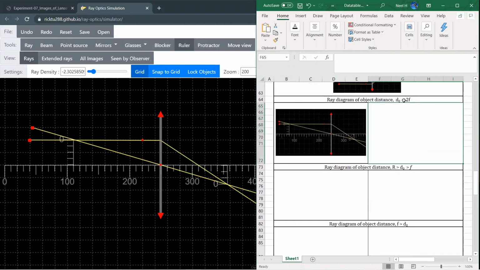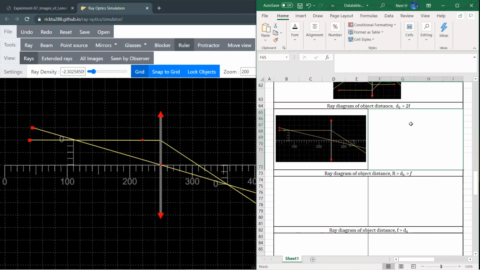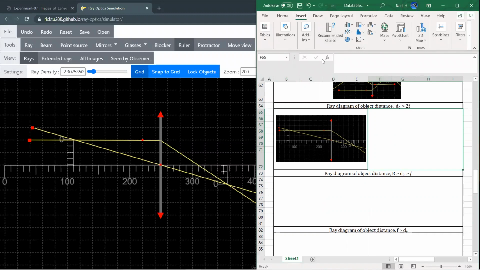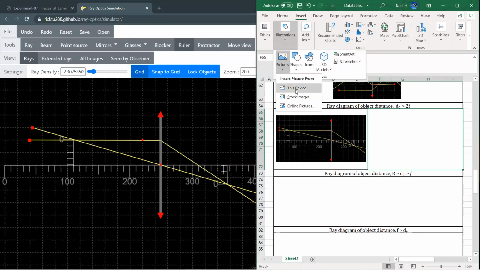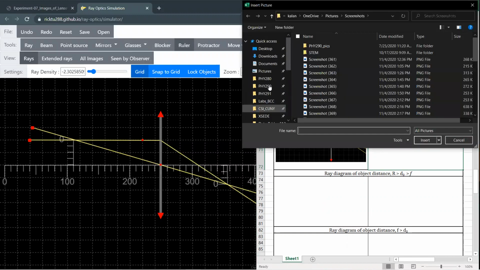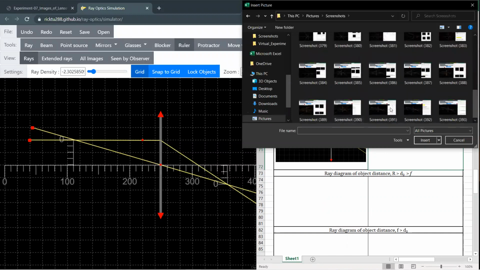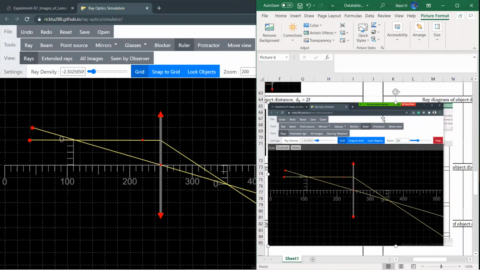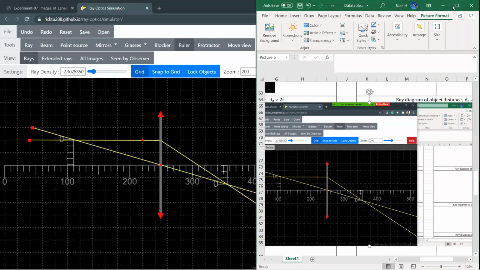This is the second image, the secondary diagram we need when the object is beyond the twice the focal point level. Crop out anything unnecessary.